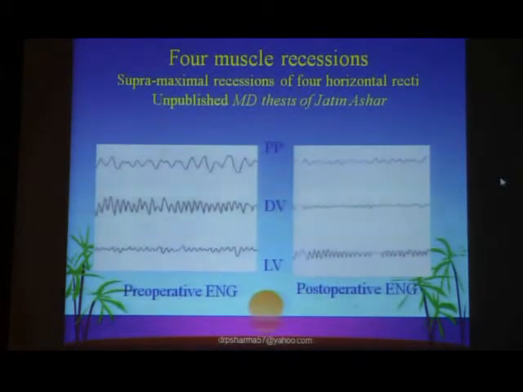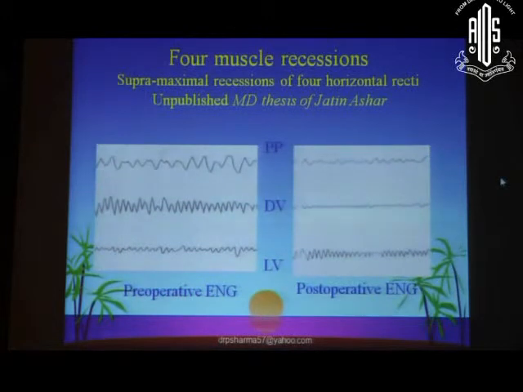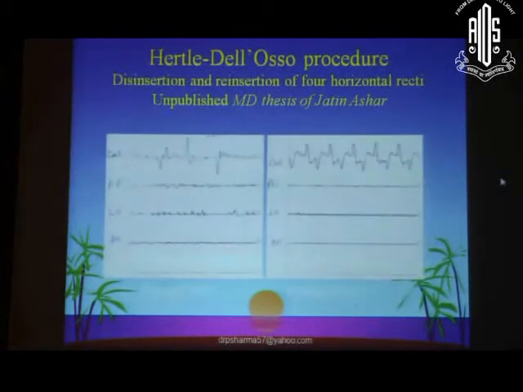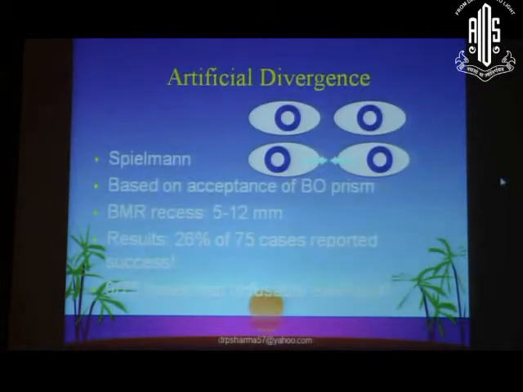The 4 muscle recessions, as we do for periodic alternating nystagmus, or cases which do not have a null position, we have seen it does damp the nystagmus to some extent, but unfortunately the effect passes off by about 3 to 6 months' time, so there is not much lasting value in this surgery. The convergence dampening mechanism works by artificially weakening the medial rectus by means of prisms.